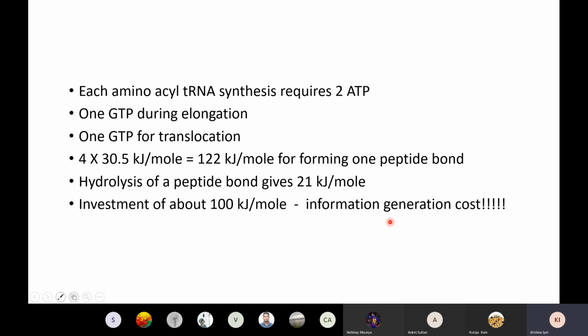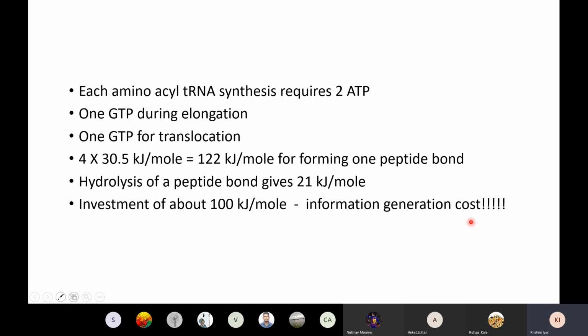Because if you think very carefully, I'm not joining any 2 amino acids at my whim. I'm actually joining amino acids very systematically. And I'm forming a peptide which has a very specific sequence. And I know that the specific sequence is related to the function of that peptide. So I'm actually generating information. So this cost of 100 kilojoules per mole every time I form a peptide bond is a cost I'm paying so that I can generate good information. Okay.